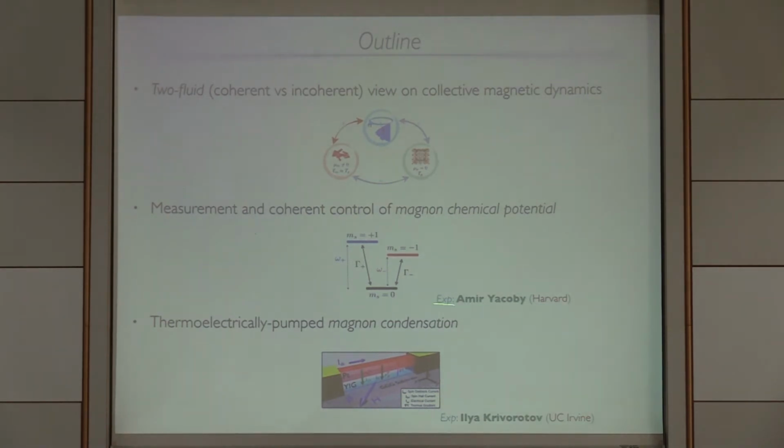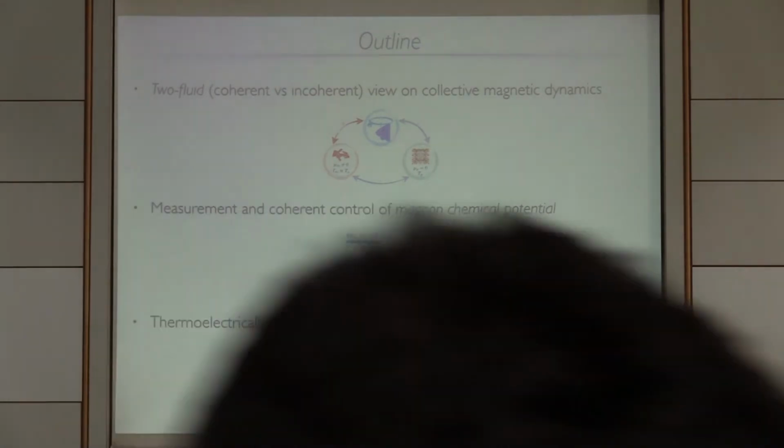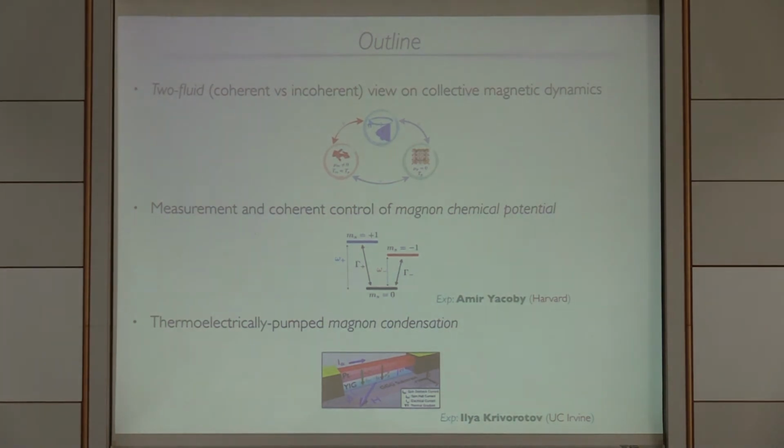So there are three parts to my talk, and I would like to emphasize these keywords that I will elaborate on during my talk. I will describe two-fluid dynamics transport in magnetic insulators, much in the spirit of the two-fluid description presented in the last talk. So we'll have a coherent fluid and an incoherent fluid.